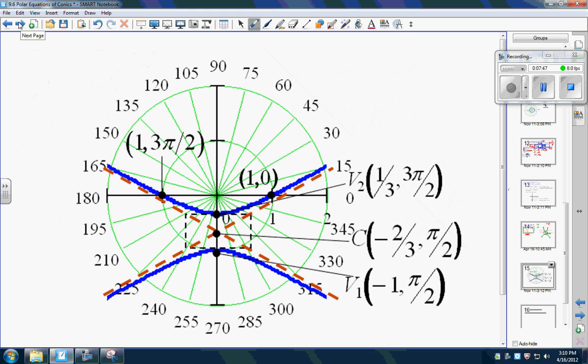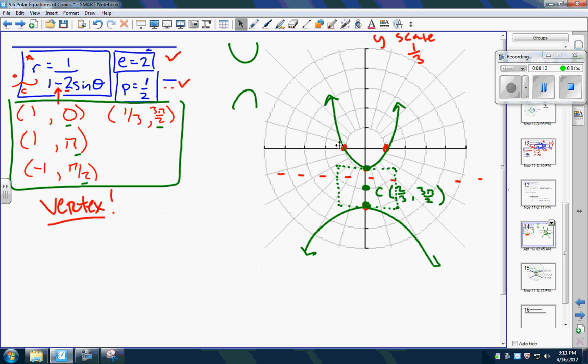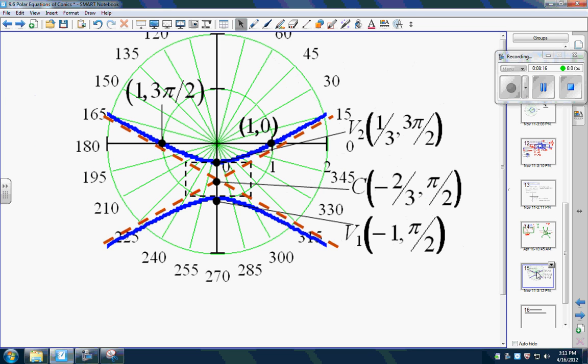Here's a picture that's more to scale with everything. So notice what they did, and something that's real helpful you can do is they put these asymptotes in there through those vertices up here. So we can come from the center, we can put lines going that way, and that'll help bound things in the up and down direction, which you notice when I freehanded it, this guy's a lot narrower than this one down here.